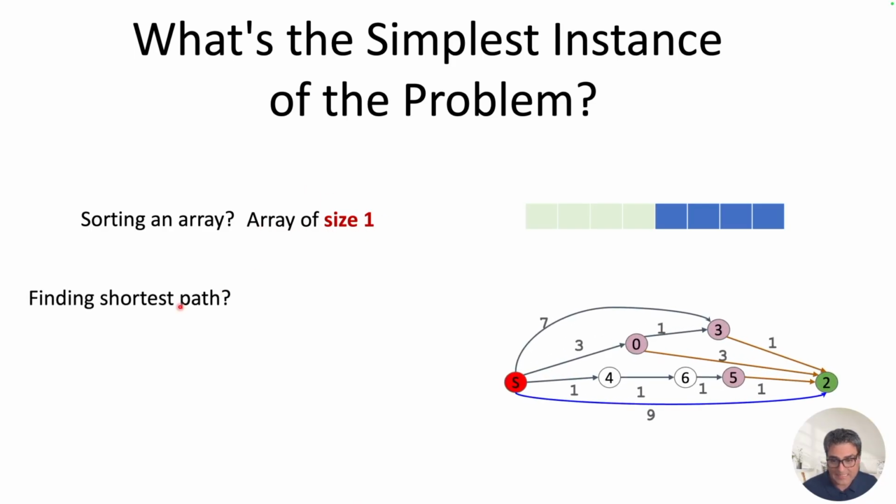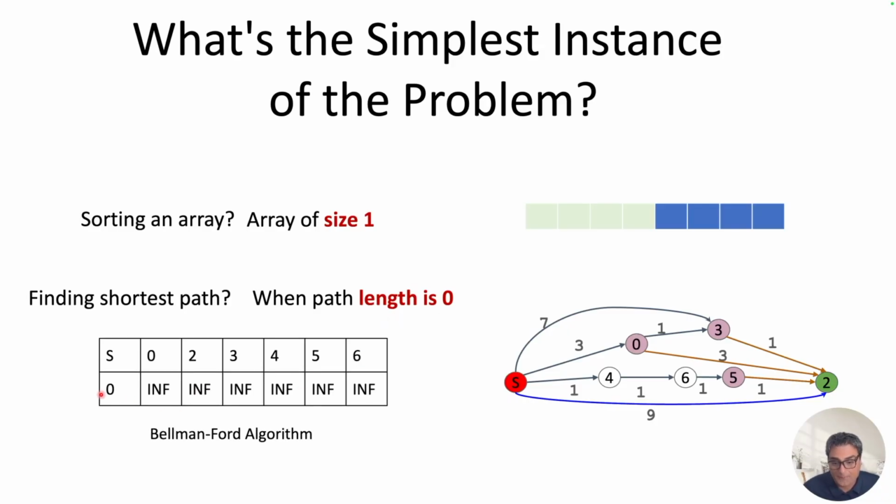Another example of this technique would be finding the shortest path. Finding the shortest path in a graph can be a hard problem, and there are various algorithms that try to solve this. However, a very simple instance of this problem would be when I say find the shortest path, assuming that the shortest path length is 0. So how can I find the path from S to any other node in the graph, assuming that that path length is 0? It turns out that finding the path when the path length is 0 is actually very simple because in most cases, it actually doesn't exist.